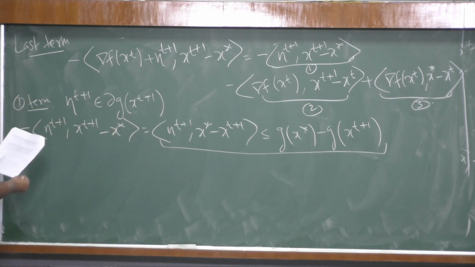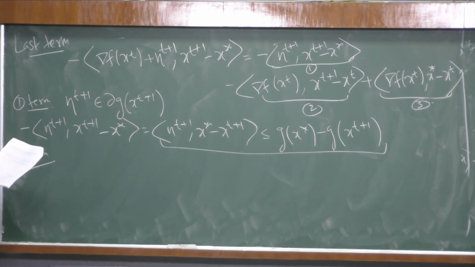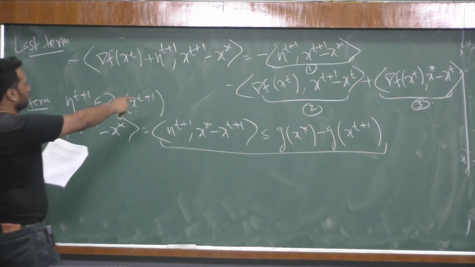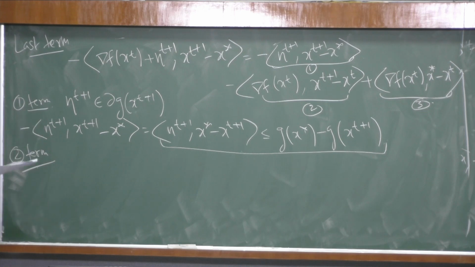Now this is for the first term. For the second term, we use the fact that f is L smooth. So for the L smoothness, we know that in the L smooth definition we have f(y) minus f(x) minus grad f(x) times (y minus x), bounded by L by 2 times ||y minus x|| squared, and so on, right? So this is something we are going to use here.